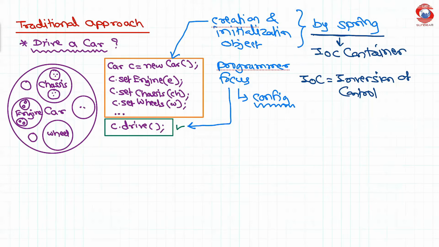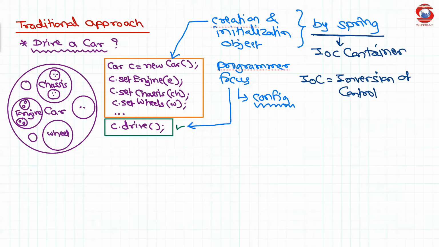Now Spring says you do not waste your time and energy in creating and initializing objects, I will take care. So the work we were doing earlier is now taken care of by someone else. When that work is taken care of by someone else, that is called inversion of control. So you had kind of outsourced it.